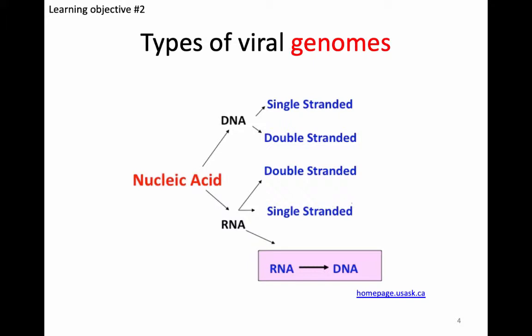So typically in cells, we see double-stranded DNA and single-stranded RNA, but in viruses, we can see combinations in all forms. The RNA viruses will often have an enzyme called reverse transcriptase, which can convert RNA into DNA.